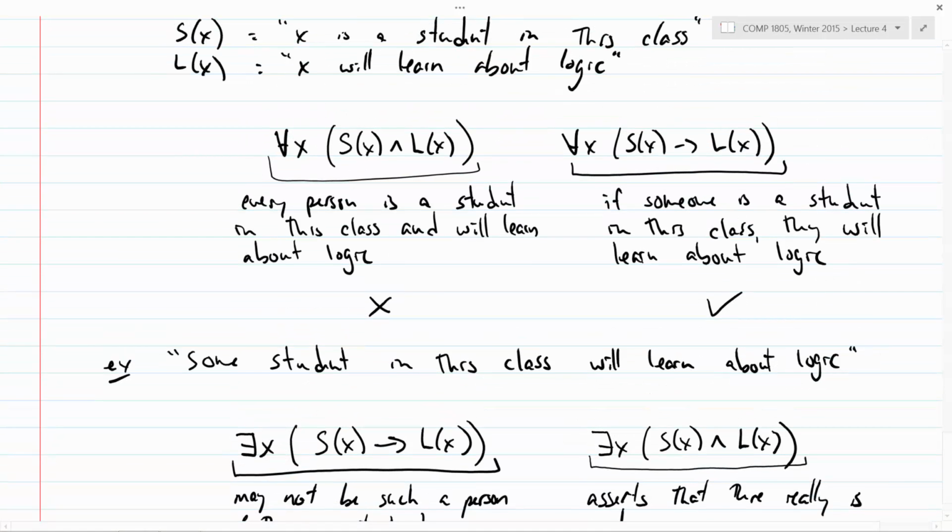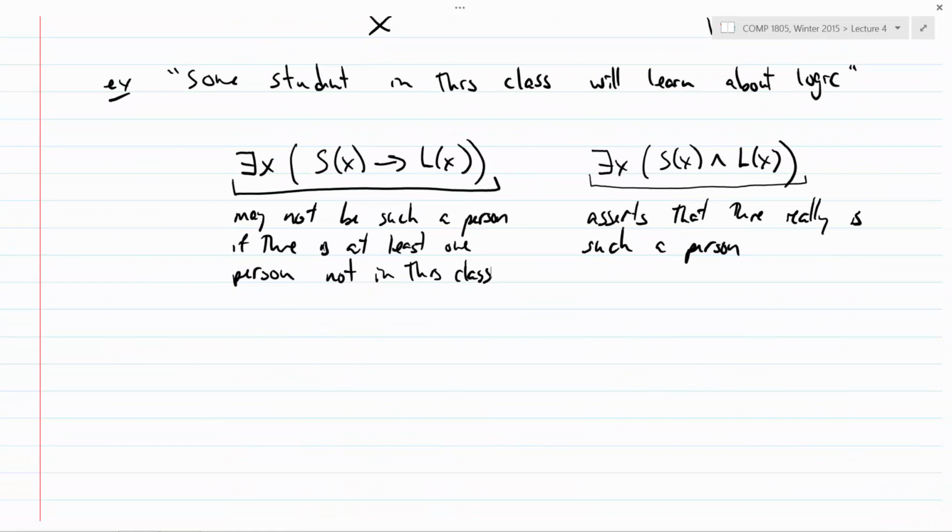In the for all, the exists. So this one, so if I say some student in this class will learn about logic, you should be able to find that person somewhere in this classroom, right? All right. So the first sentence on the left, Sx implies Lx, well, let's say nobody in this class knows logic at all, but there's at least one person in the world who isn't in this class, and that's true.